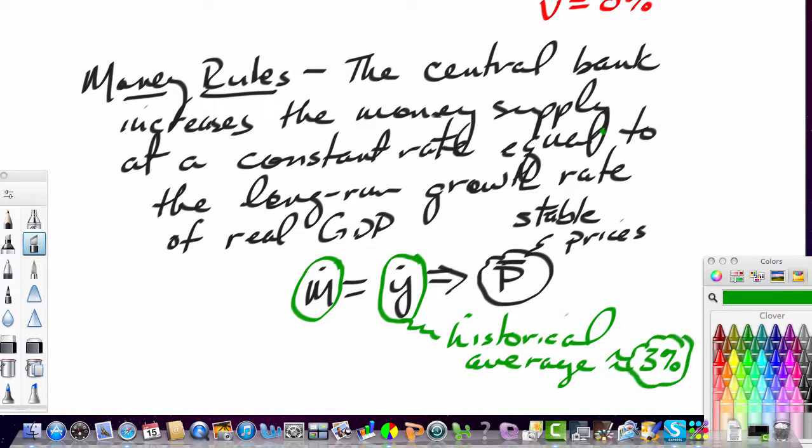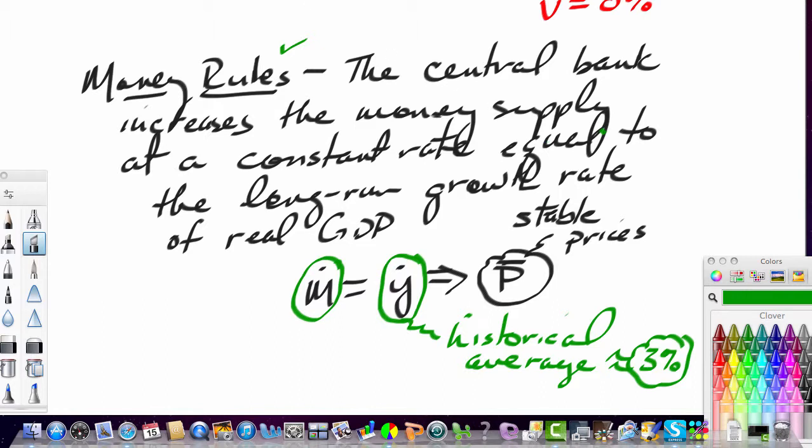Well, the idea of money rules would then say that if the money supply grows at roughly 3% a year, then on average over the long run we should have stable prices. And that in fact is how this would have to be applied: money would have to grow at some long-term average growth rate equal to the long-run historical growth rate of real GDP.